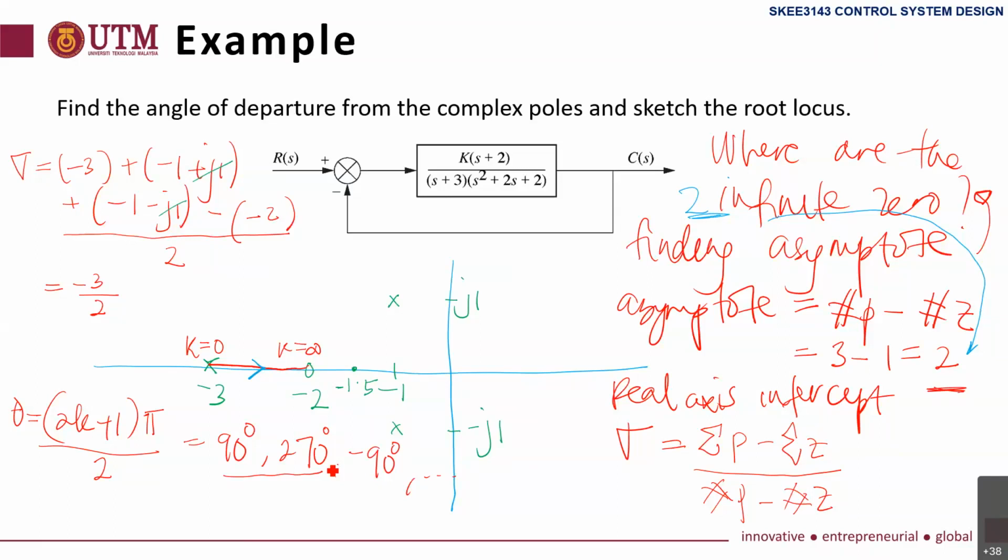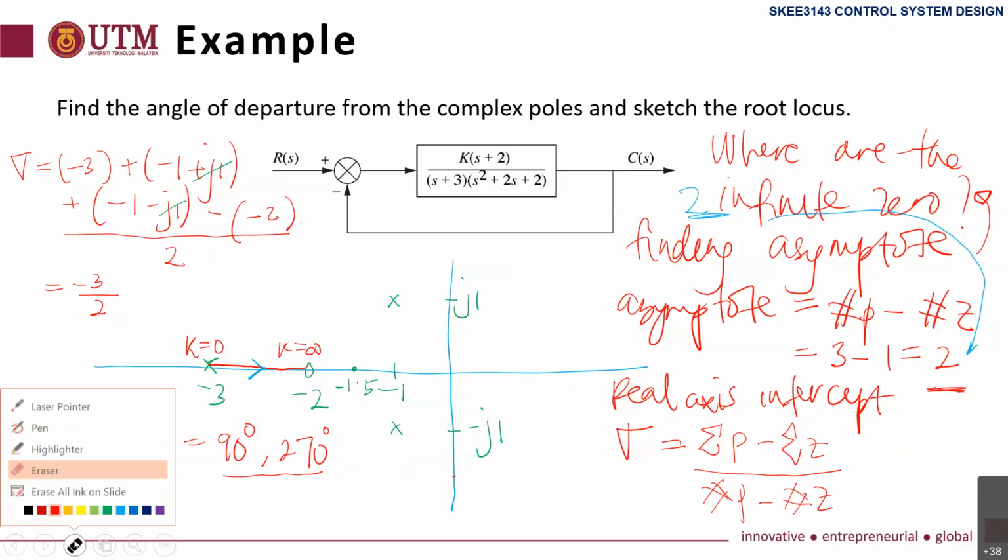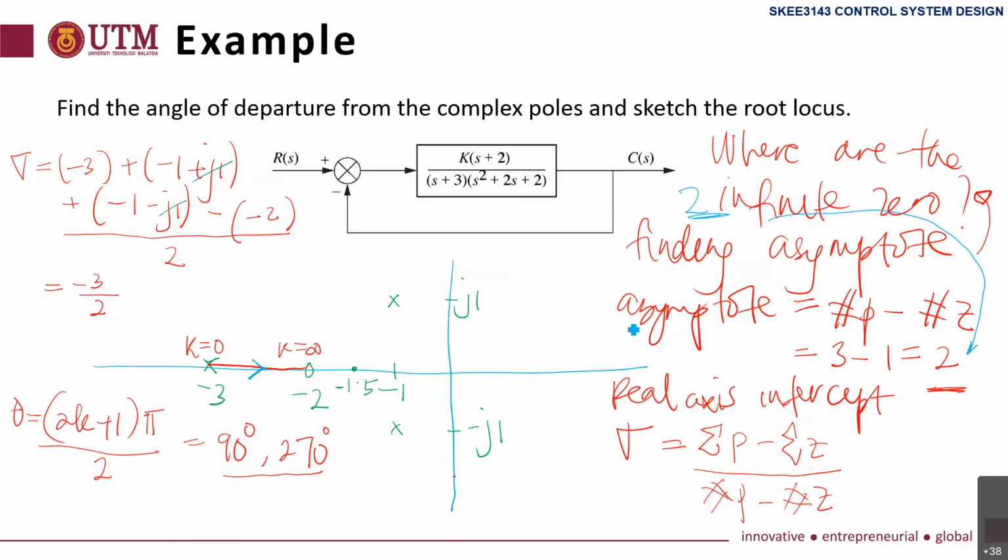So now is to show the asymptotes on the s-plane. This is the real axis intercept. We have 2 asymptotes, and the angle will help us: 90 degrees means this one.